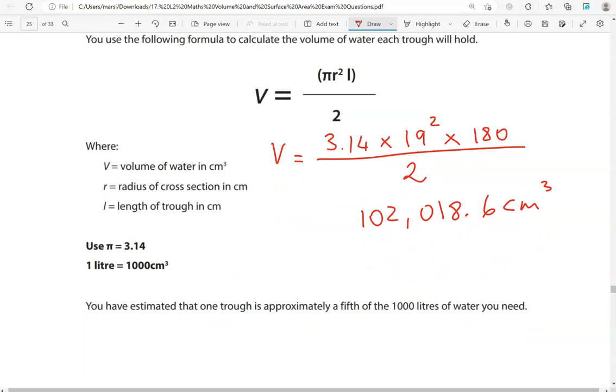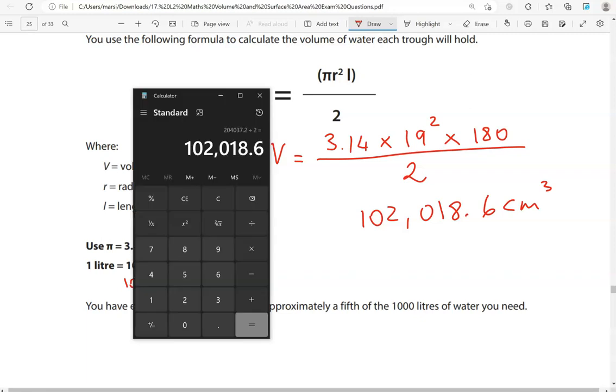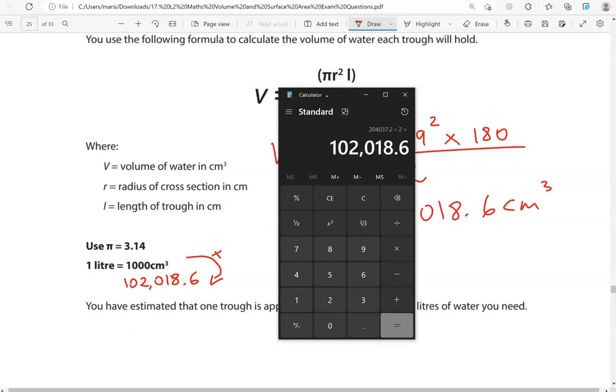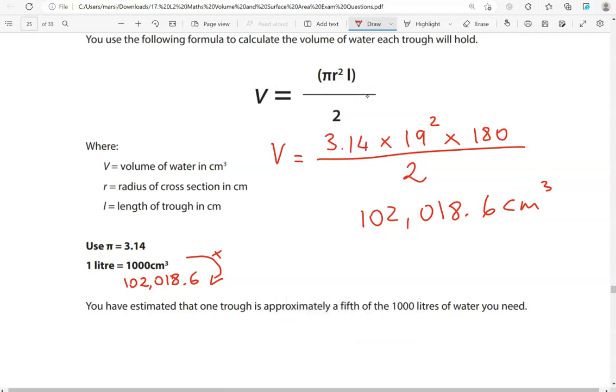What about 102,018.6? So we'll do 102,018.6 divided by 1000, which is 102.0186.